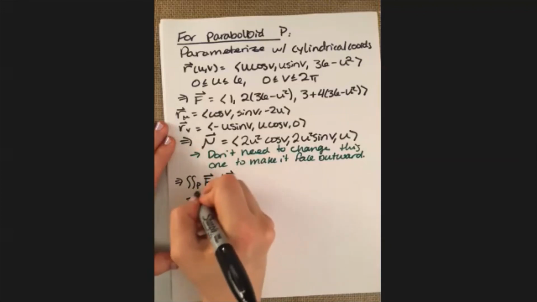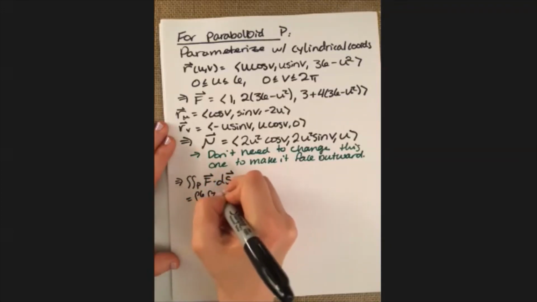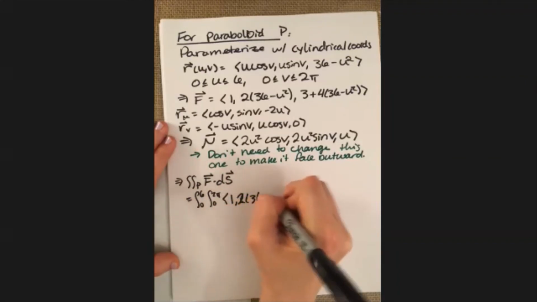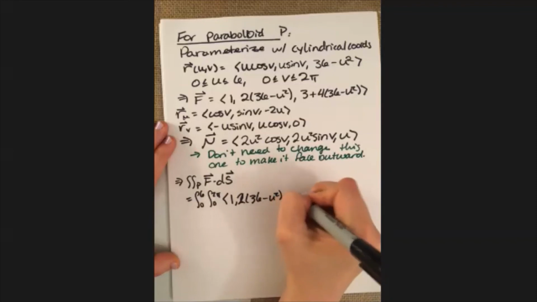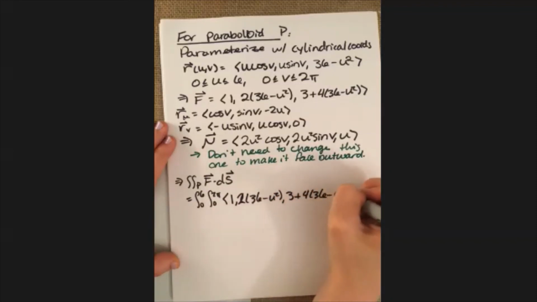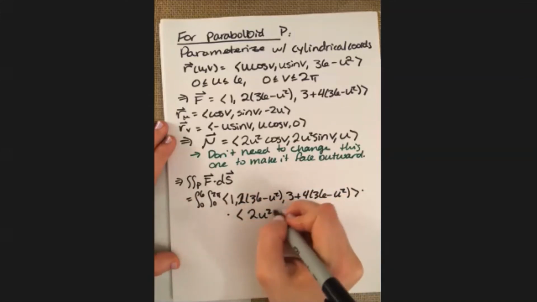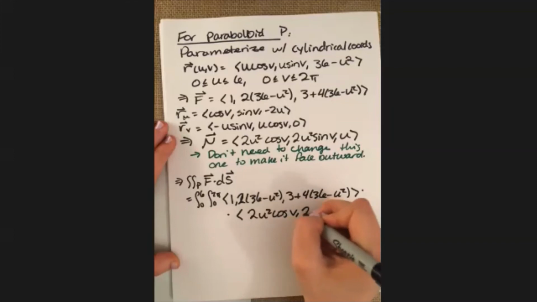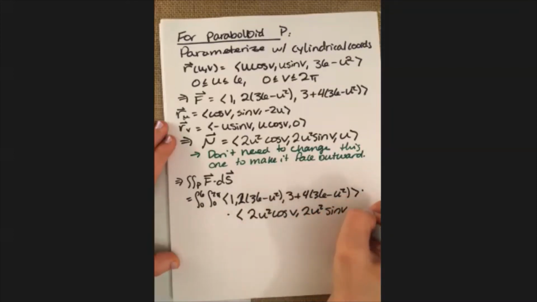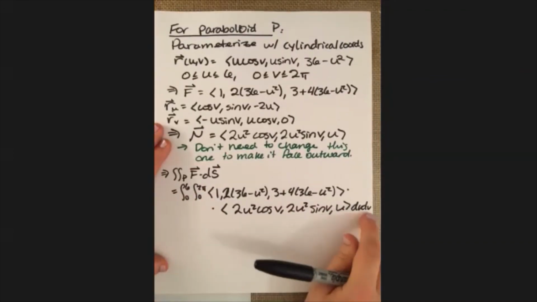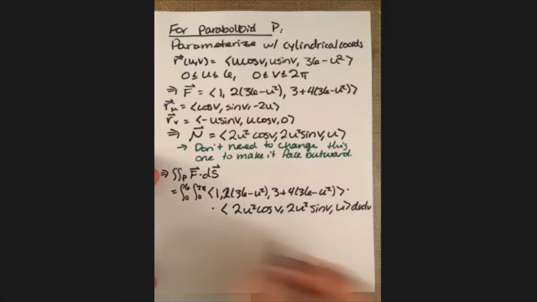This will be equal to the double integral 0 to 6, integral from 0 to 2 pi of the vector 1, 2, 36 minus u squared, 3 plus 4, 36 minus u squared, dotted with 2u squared cosine v, 2u squared sine of v, u du dv. Okay, that is a u there, I promise.